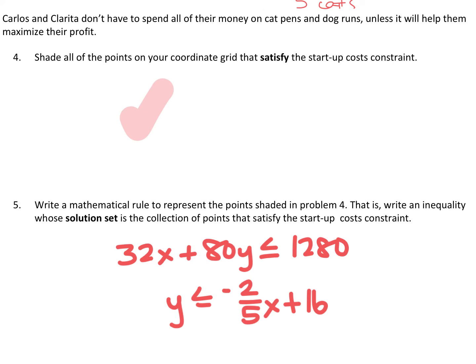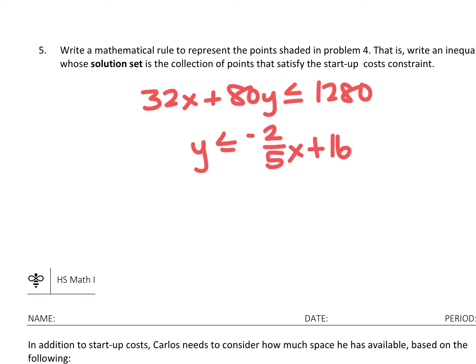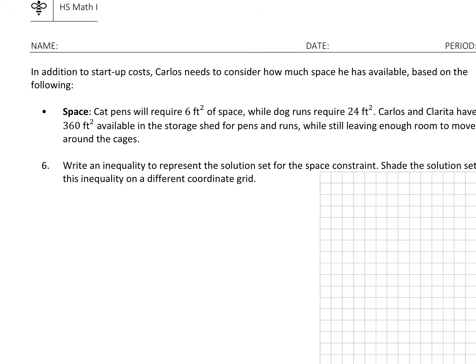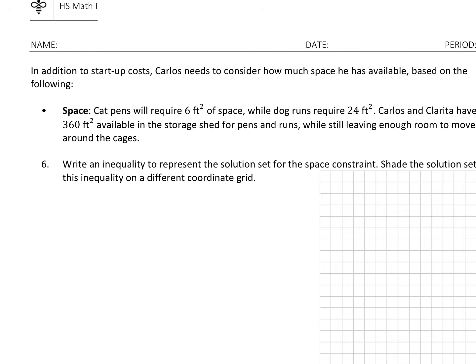Okay, let's go ahead and try number 6. In number 6, instead of looking at the startup costs, they have you look at how much space is available. And we're going to do the same thing. We're going to write an inequality and graph it.